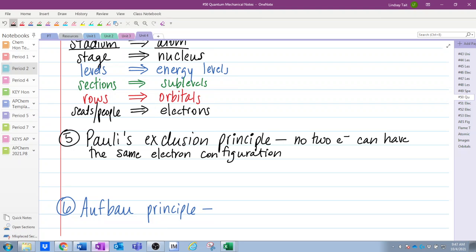So as it turns out, electrons spin. That's the thing that they do. So part of Pauli's exclusion principle that we'll see when we start drawing orbital diagrams is that we say that electrons in the same orbital, in our stadium, that would mean they're in the same row.